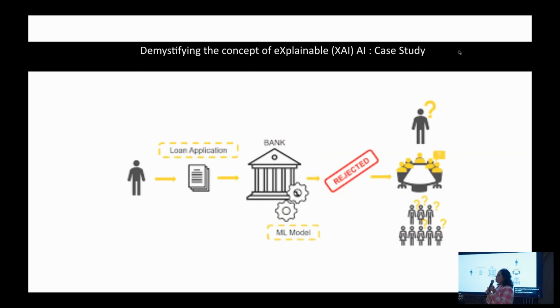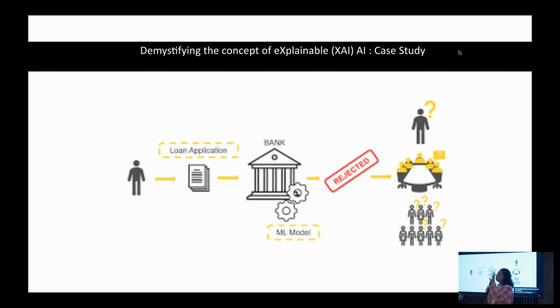Now, neither the Bank of Ireland had an explanation, nor did Sarah have a proper explanation why her application was rejected. Now, the Bank of Ireland went to the third-party company who was building the model application for them and asked, can you give us some reason why exactly the loan was rejected for Sarah?